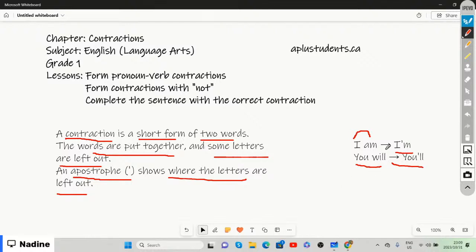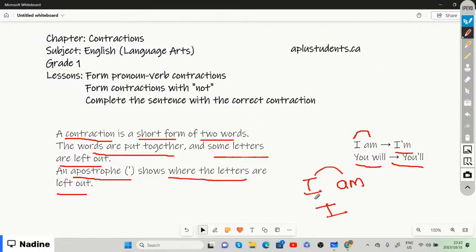So for example, I am, right? We said it's two words. And if we write down our two words, then we have, for example, I and am. That is our two words. But as soon as we put those words together, then the first word stays the same, which is, for example, either I or you or whatever word it's going to be over there.